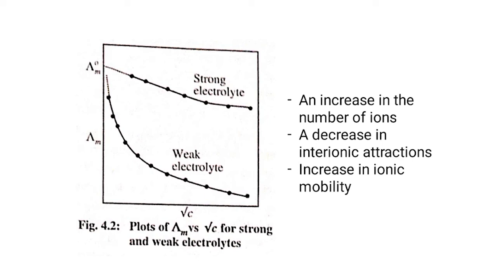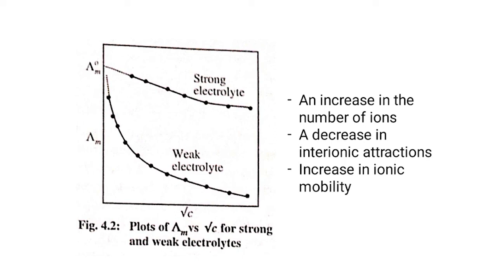Now next, the case of weak electrolyte. The molar conductivity is low at low concentration, since the electrolyte is only slightly ionized. With increasing dilution, the molar conductivity increases gradually as the number of ions increases due to the greater ionization of the electrolyte.